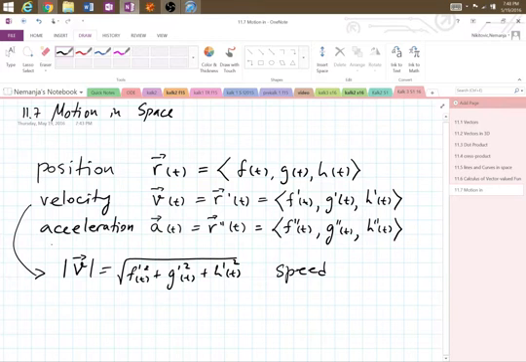So speed is the magnitude of velocity, which means no direction. That's why it says speed limit, and you hopefully go with the flow on the highway.